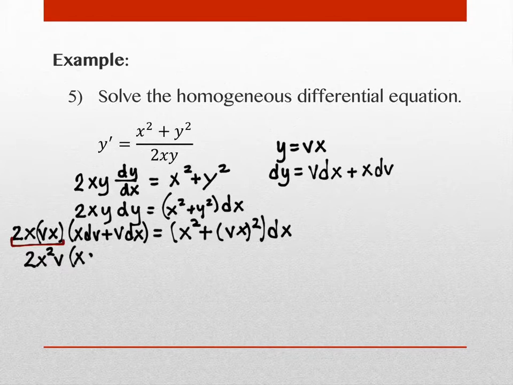I'll need to distribute that through in a moment, the (x dv plus v dx). Over here on the right, I'm going to go ahead and distribute the dx through. So this is x squared dx plus v squared x squared dx.